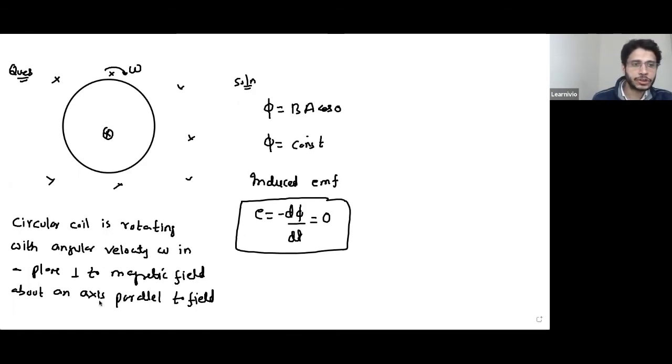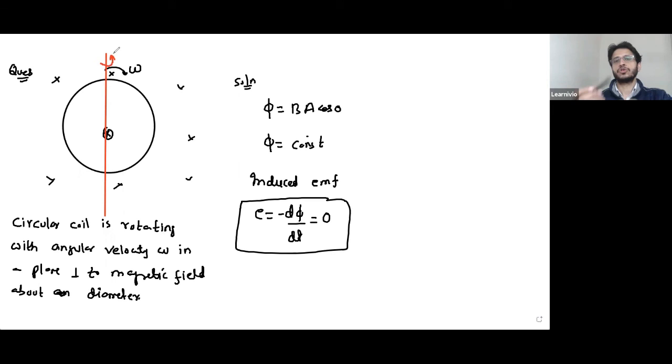So in the same question, if this coil is not rotating about an axis parallel to field, in fact, this coil is rotating about a diameter. This is the diameter. The coil is rotating about this diameter.